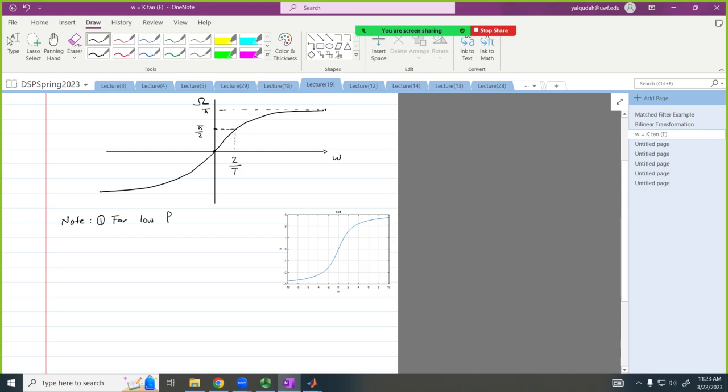For low frequencies, W is much smaller than 2 over T. And 2 over T, what is this equal to? 2 multiplied by the sampling frequency. Then the tangent inverse of W multiplied by T divided by 2 is going to equal W T divided by 2. And therefore, omega is just going to equal W multiplied by T.